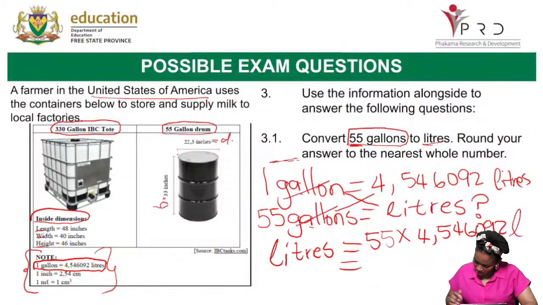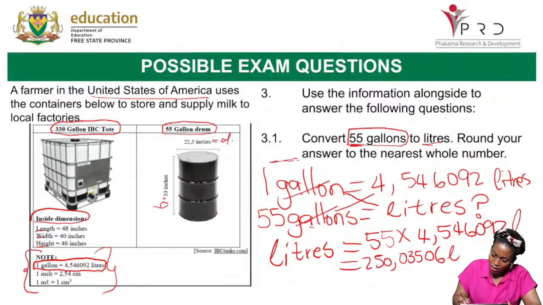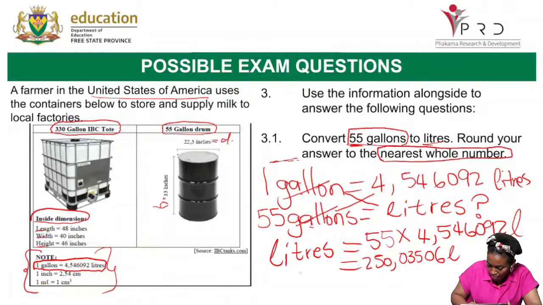You punch it as it is, and the answer is 250.03506 liters. But what was the instruction? To the nearest whole number. Nearest whole number, remember I said it means your answer is not supposed to have any decimals. So the answer here is actually 250 liters.